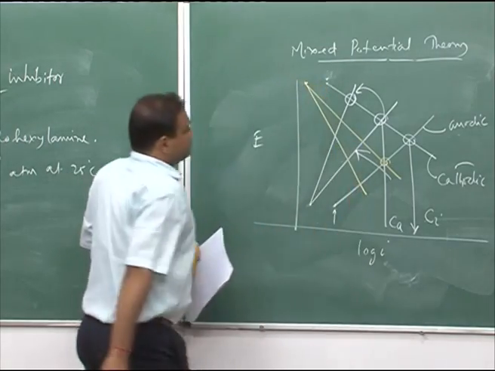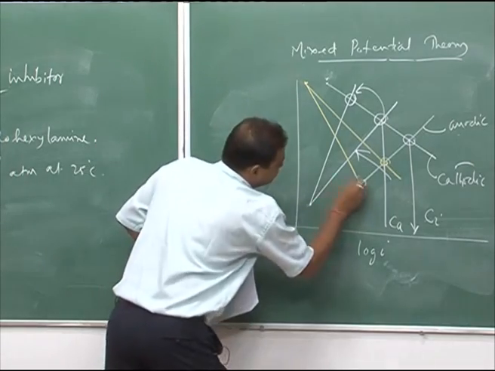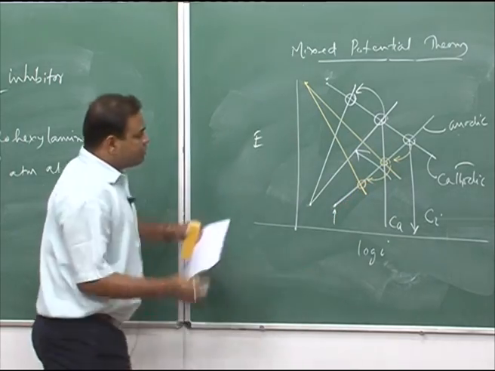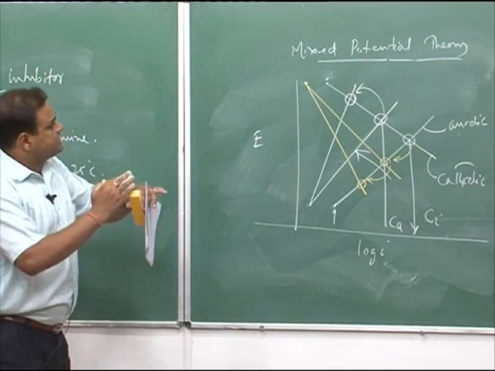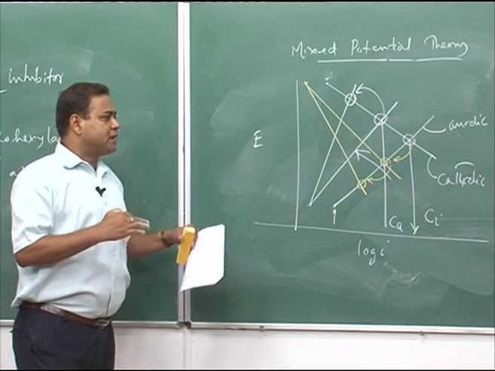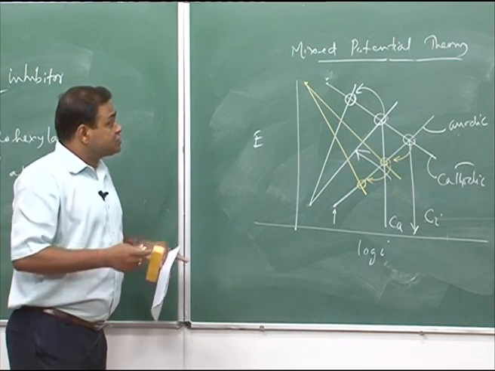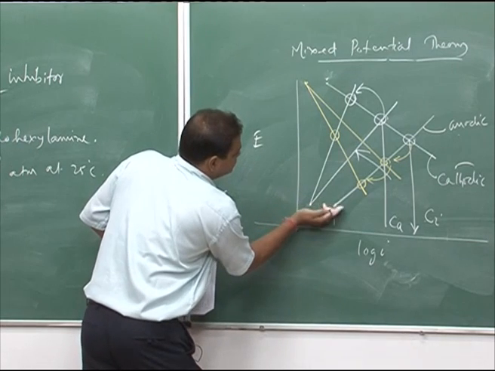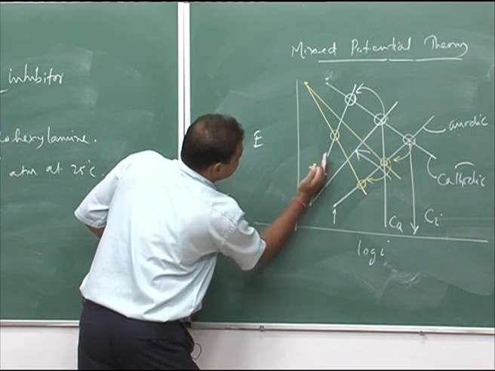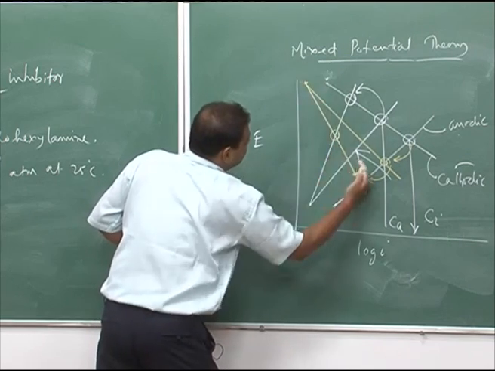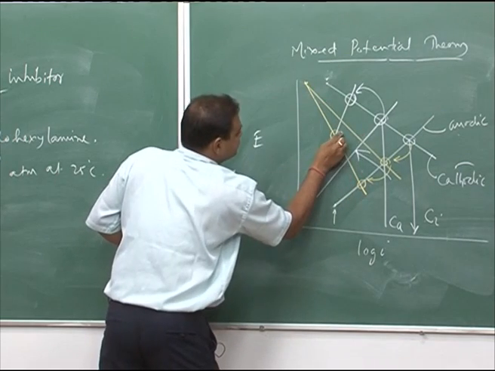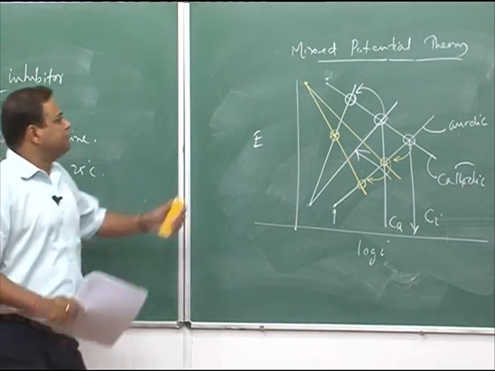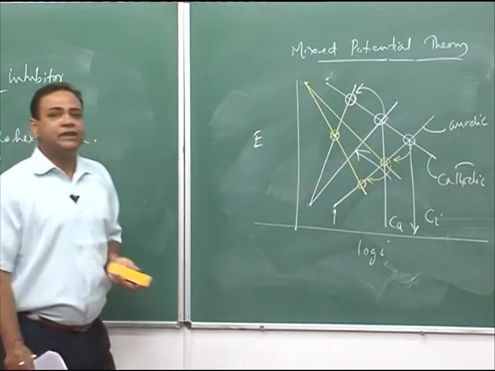So this is my new corrosion rate, and the corrosion rate is decreasing like this. Now, if we combine both processes, that means anodic and cathodic inhibitors are both present, the new corrosion rate would be this one. Due to the anodic inhibitor, this has moved to this, and due to the cathodic inhibitor, this has moved to this. So this is my new corrosion rate, which is the synergistic action of both anodic and cathodic inhibitors.